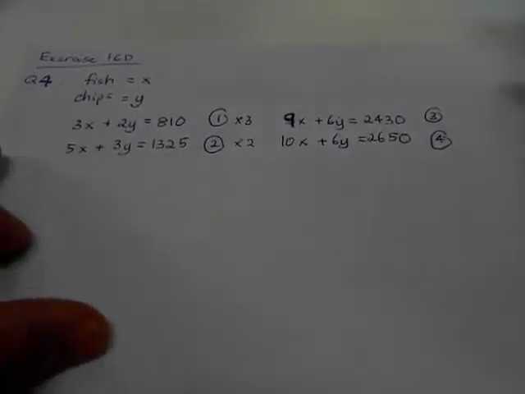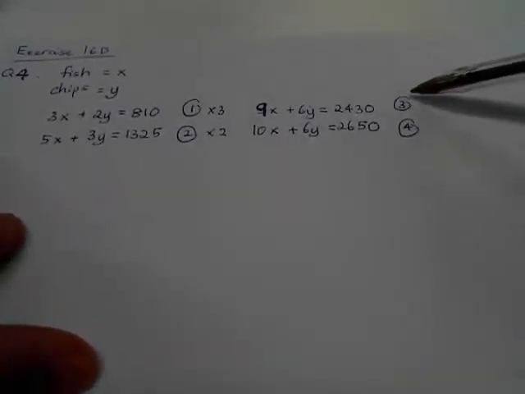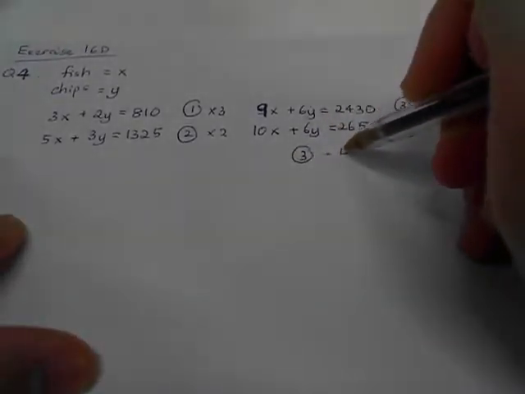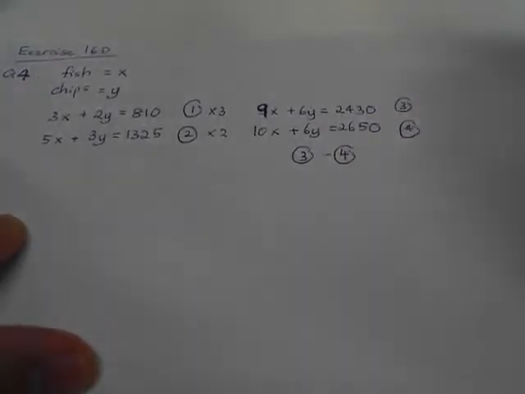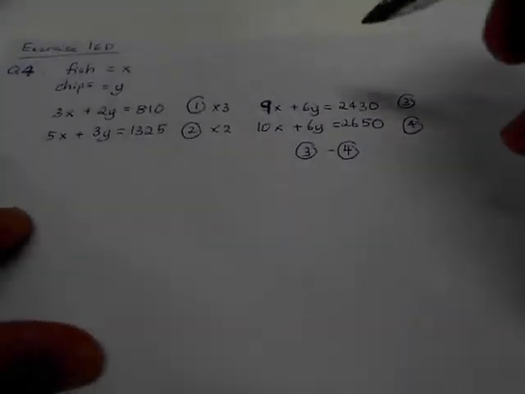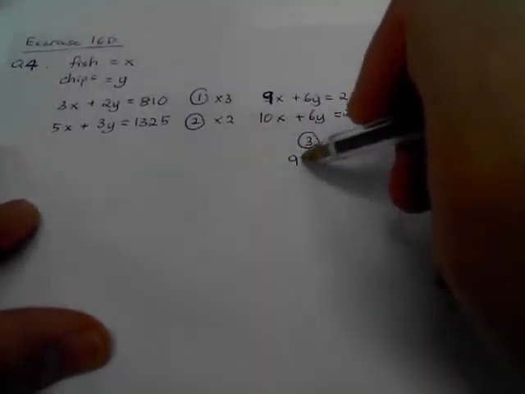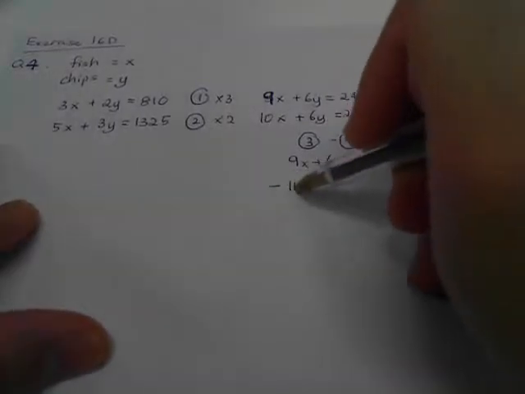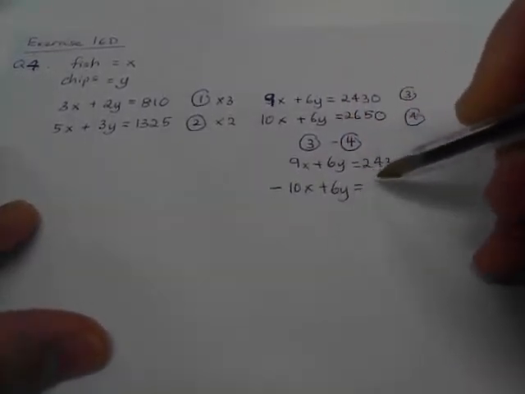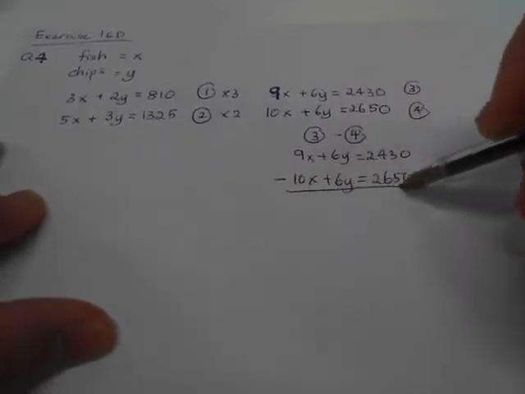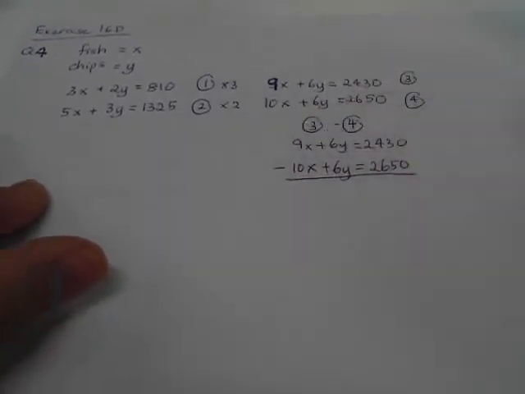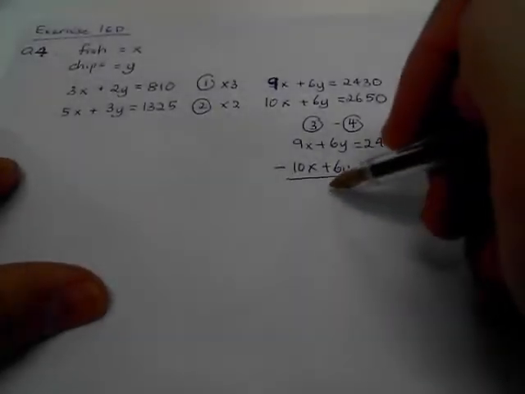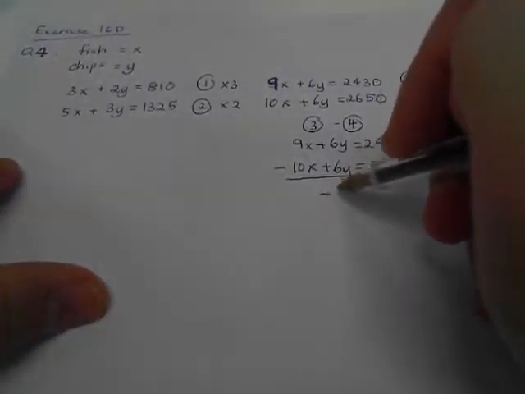Having done equations 3 and 4, we take equation 3 from equation 4. Rewrite this. What you'll be getting is 9x minus 10x, which gives negative x.